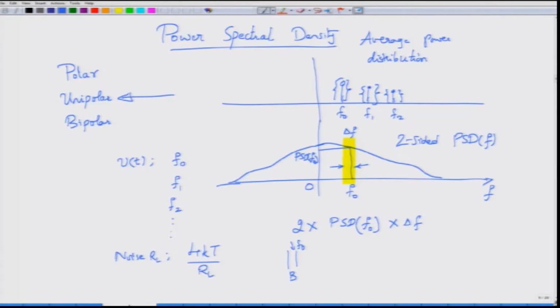So, this is the same value, but you multiply it by 2B and you get the total power inside your bandwidth. This is the usefulness of power spectral density, it tells you how the power is distributed across the frequency band. Because you are looking at frequencies around 0, this is the power spectral density of a baseband signal, hence it is two-sided.